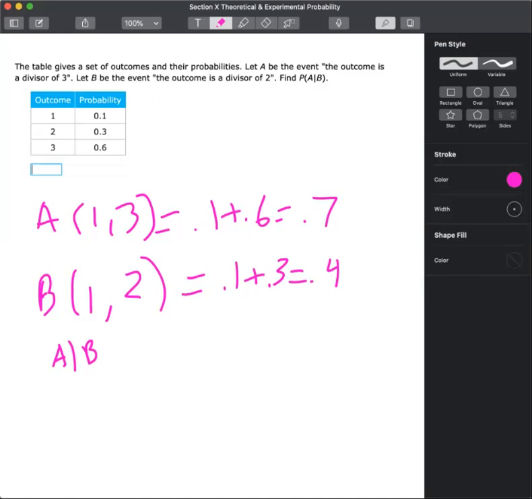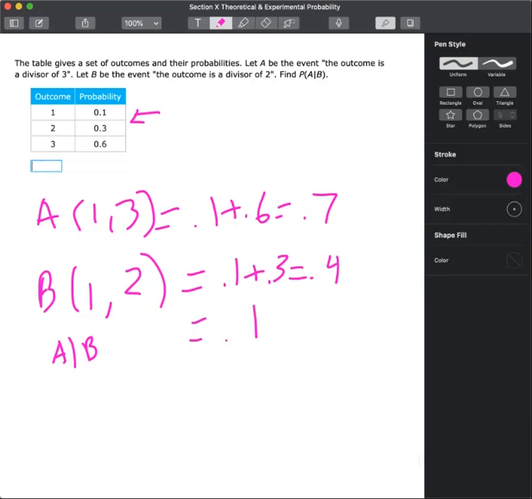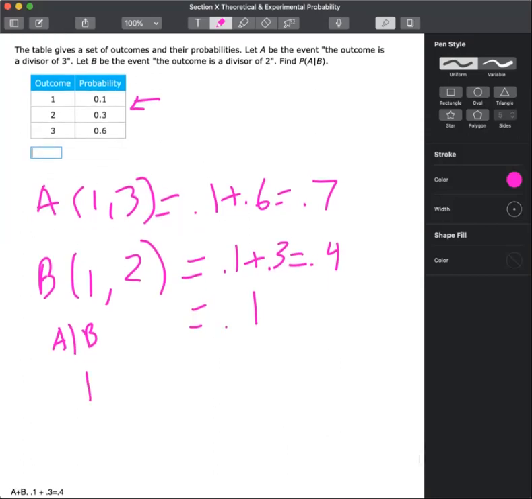That one is actually only going to be 0.1, because that's just going to include this number right up there. So P of A and B is going to be on the top, which is going to give us 0.1. And on the bottom is going to be the probability of just event B happening.